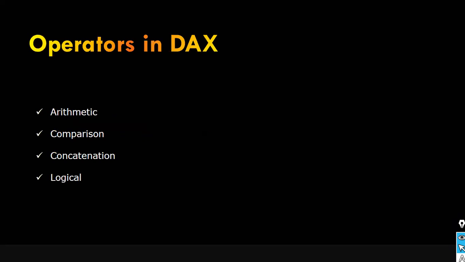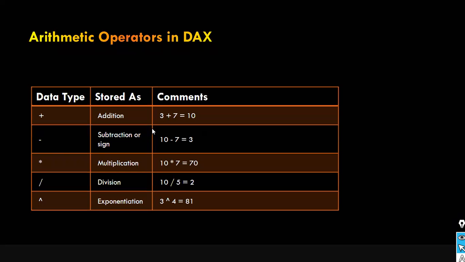And what are the operators that are available? Like other programming languages, same thing. You can perform arithmetic operations, and you can use comparison operators. Arithmetic operators: plus, minus, for example 3 plus 7 is 10, and the star is nothing but multiplication. This is division. This is exponentiation.